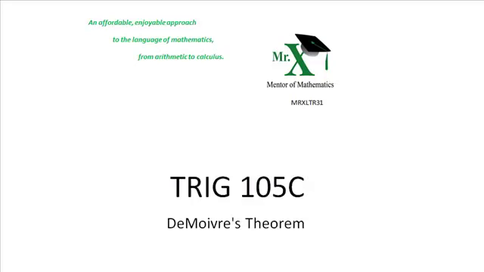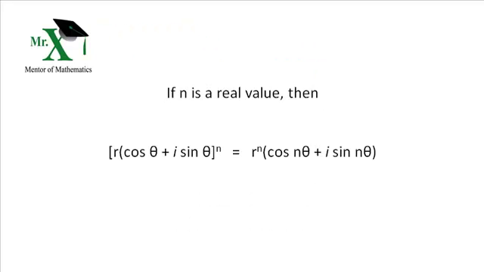For all real values of n, de Moivre's theorem will hold. So if n is a real value, then this complex number, r times our cis shorthand, cosine theta plus i sine theta, raised to the n power will be the same as raising r to the n power and then simply multiplying our angle by n.